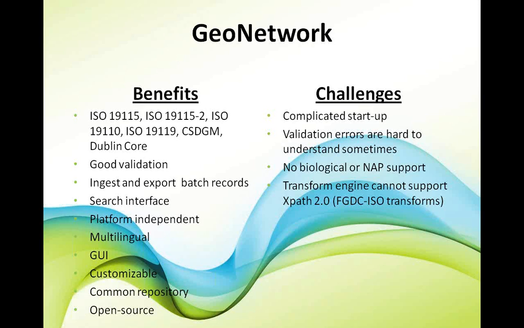So they're kind of like XML errors and not necessarily translated into something simpler to understand. Then there's no biological or NAT support within that, if that is something that you need or are interested in. And also the transform engine doesn't support XPath 2.0. So that's another challenge.